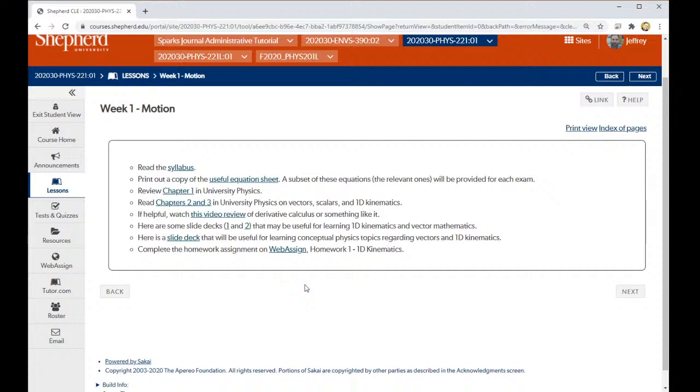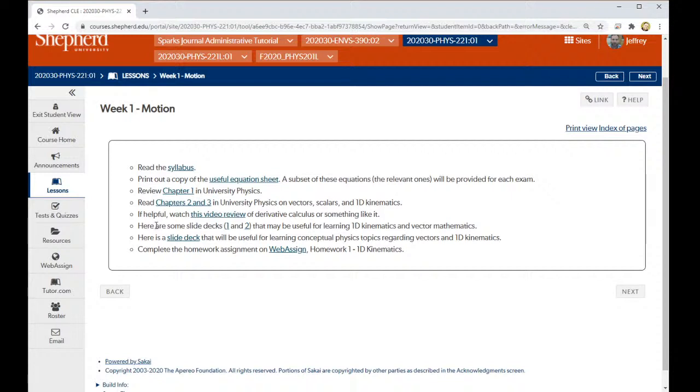I'll give you a subset of these equations on the exam. I put links to chapter 1, which should be a review for most of you. It's an introduction to science and scientific notation, but make sure you are comfortable with that material. And then the first homework assignment comes from chapters 2 and 3 in the textbook, so that's where you should be reading from.